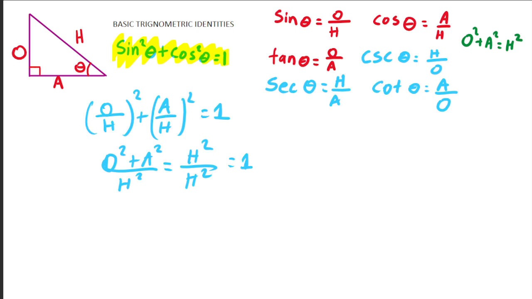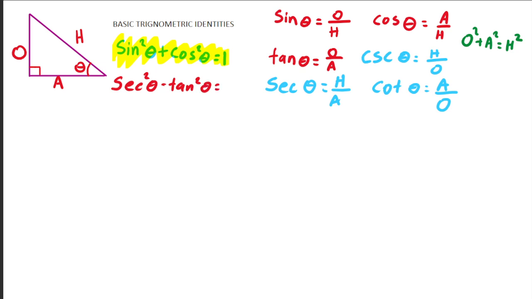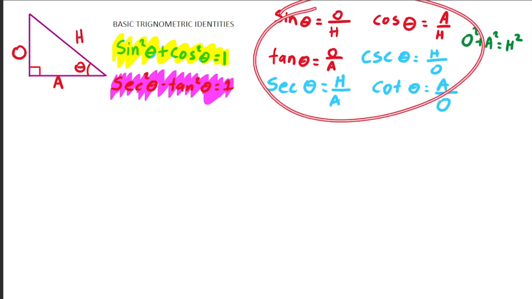So there are 2 more trigonometric identities to go. The second one being secant squared theta minus tan squared theta is equal to 1. I'll just write that down quickly. To prove this, we also need to use these ratios.